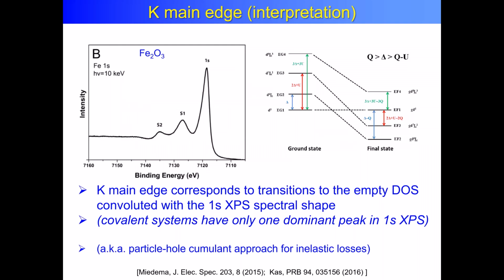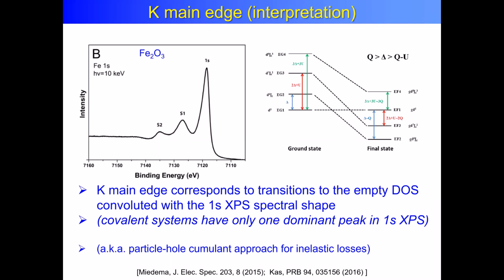This is another example for iron oxide, where we did 4 different configurations. So the conclusion is that the K main edge corresponds to transitions to the empty density of states, but not by itself, but convoluted with the 1s XPS spectral shape. So what you would have to do for a good analysis of your K edge is calculate the empty density of states with whatever density functional code you like, for example FEFF.